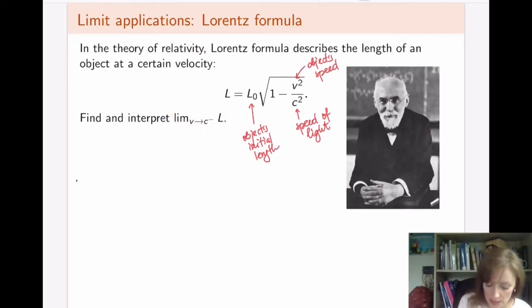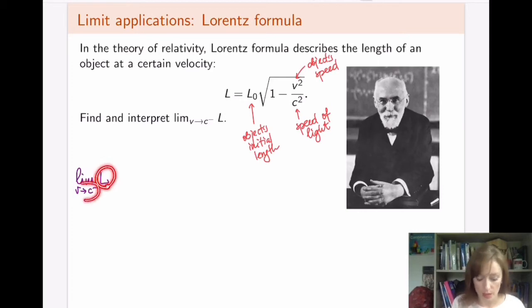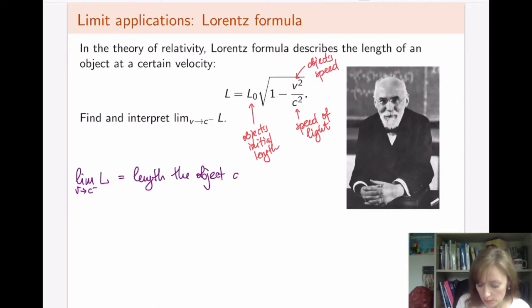So let's first of all write out in words what it is that we're trying to compute. There's always two parts to a limit. There is what it is that you're trying to compute and where you are computing it at. So what is it we're trying to compute? We're trying to compute L, which is the length of an object. We're trying to compute it in the limit, which means that this is the length the object approaches.